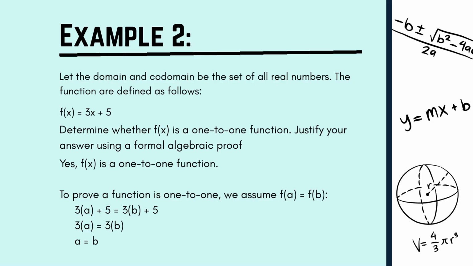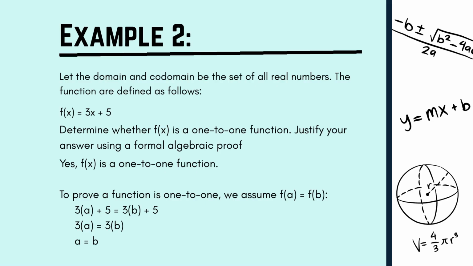So yes, f(x) is a one-to-one function. This is because if we put any input inside f(x), we will get only one answer. So it is mapped one to one.